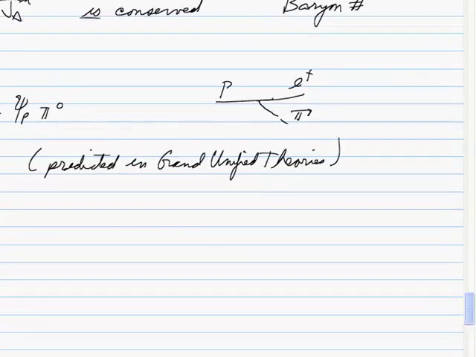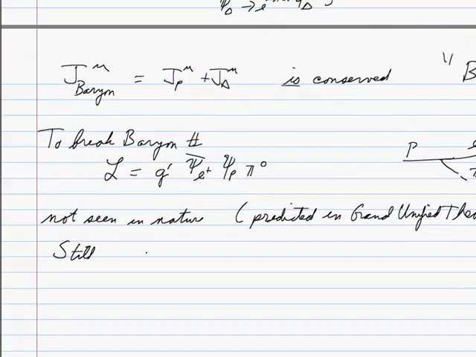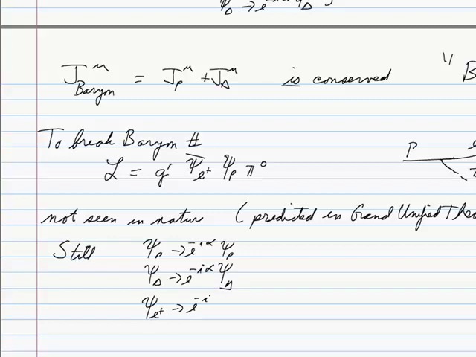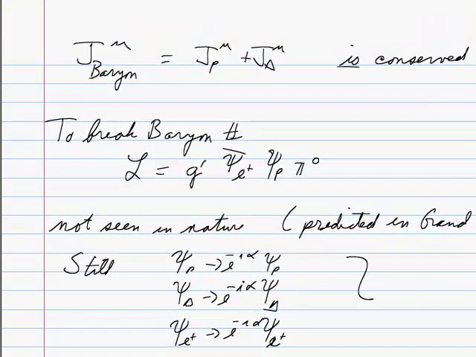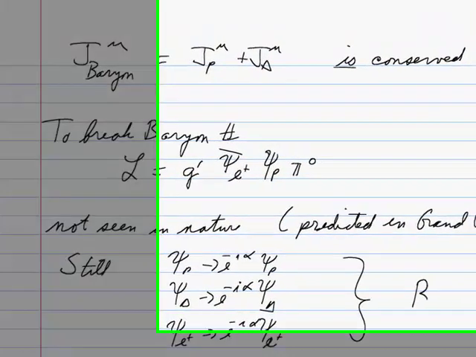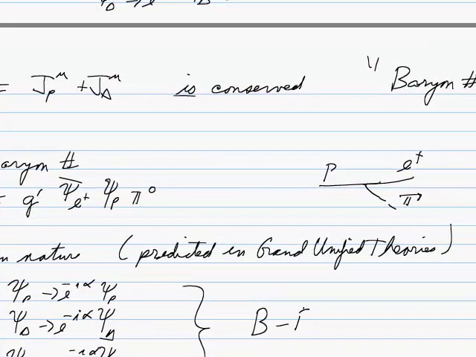There's still, if you had psi proton goes to e to the minus i alpha psi proton, psi delta goes to e to the minus i alpha psi delta, and psi positron goes to e to the minus i alpha psi positron. That conserves baryon number minus lepton number.